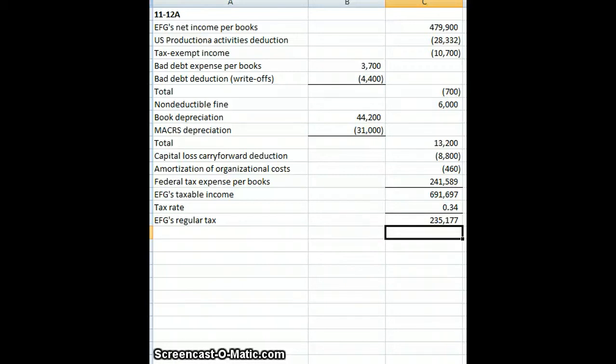Income recorded on the books not included, so our tax-exempt interest of $10,700 would be on that schedule. And then we have other deductions, which would be our amortization of the organizational cost, our production activity deduction, and the bad debt deduction difference of $700. So Schedule M-1 is just a brief summary of what we've charted out here to show how we went from our book income to our taxable income.